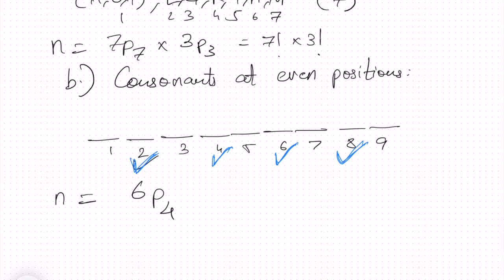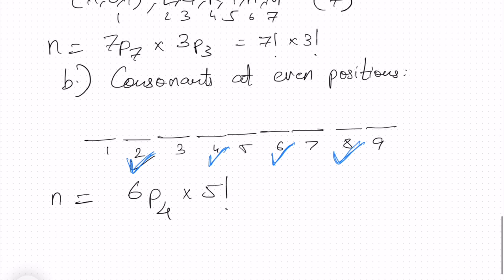Now the remaining 2 consonants and the remaining 3 vowels, the arrangement of those letters does not matter. I've already placed 4 of the letters, which means I have 5 letters remaining, and that I can place in 5 factorial ways. So at positions 1, 3, 5, 7, 9, I have the other 2 consonants and the vowels left, and I can place them in any way I need. There is no constraint on that. So simply 6P4 into 5 factorial.